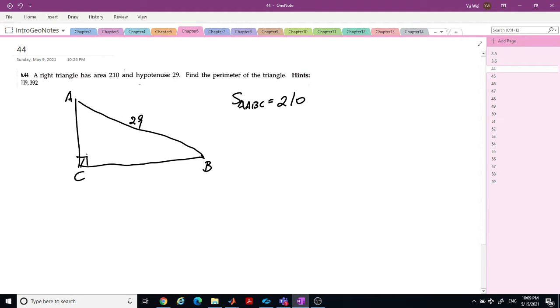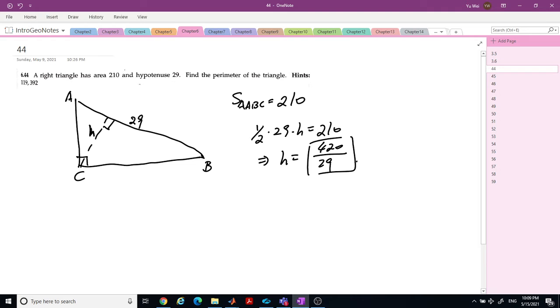Now we know the height, the altitude to the hypotenuse. So this is h. Half of 29 times h is 210, so h is equal to 420 divided by 29. This is the first part.